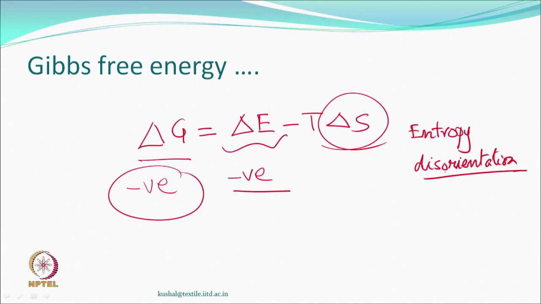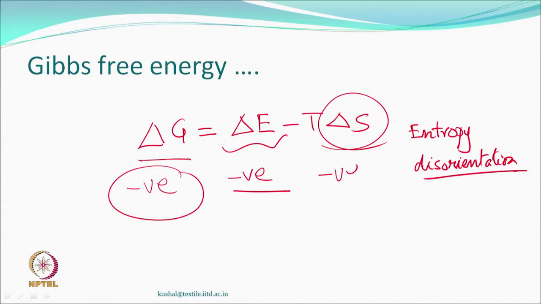So, entropy of the universe always increases, that means delta S is always going to be positive. More and more randomness. If more and more randomness takes place, more and more disorientation takes place because of our action, like taking material to a little higher state, a higher temperature, right, by heating, then this is going to be positive. So, if delta S is positive, this term also is negative. If both the terms are negative, then the delta G is negative.